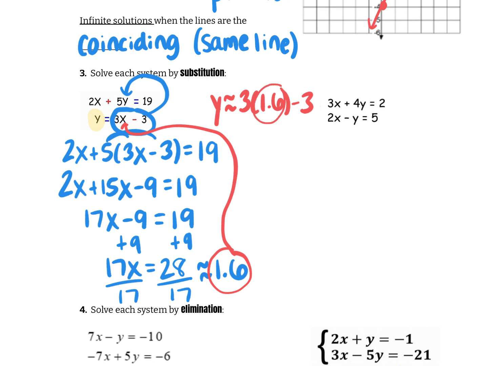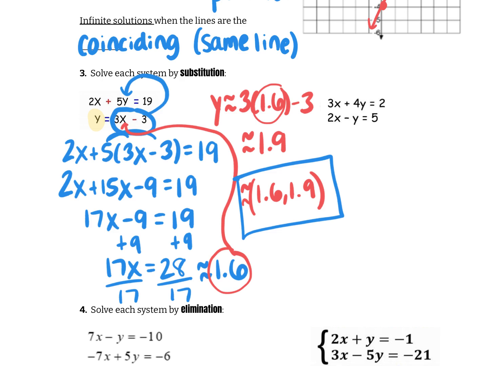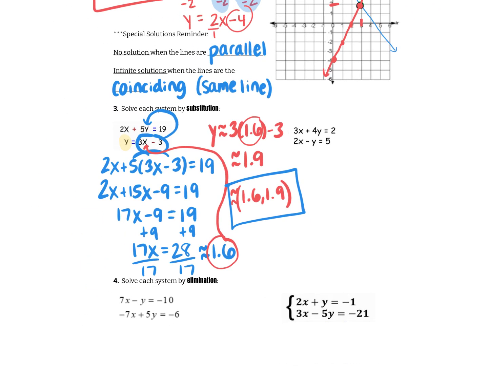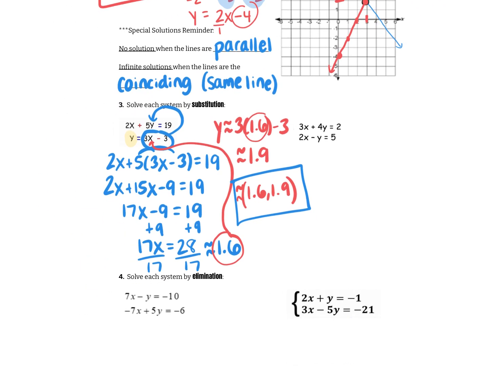I used the whole previous answer on the calculator because it is a little bit more accurate. So I'm getting about 1.9. Yours might be a little bit different from that, but I'm getting y is 1.9. So approximately 1.6 for x, 1.9 for y. They usually turn out a little bit nicer than that, but it doesn't hurt to see an example that's not quite as pretty. Okay, the next one is another substitution one.